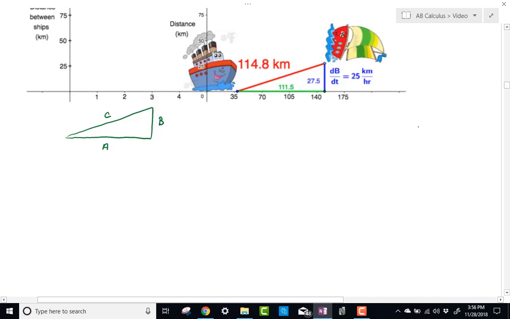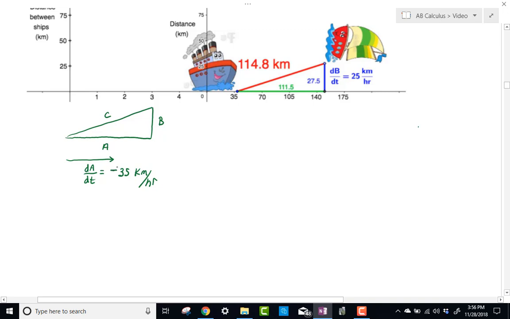Okay? Now it tells us that ship A is traveling this direction. Okay, so they're giving us dA dt, and dA dt is equal to 35 kilometers per hour, but what we notice is that that distance is decreasing. Okay, so this one needs to be negative. The 35 here has to be negative.